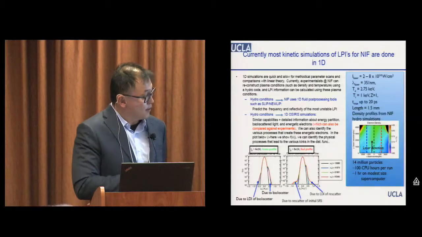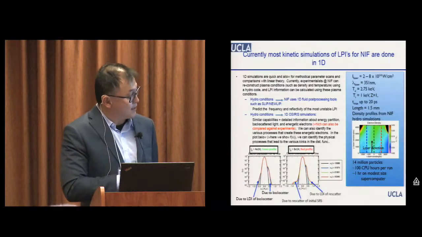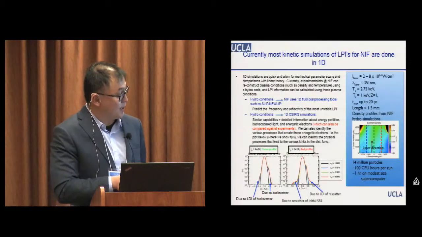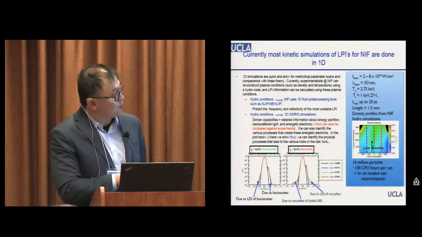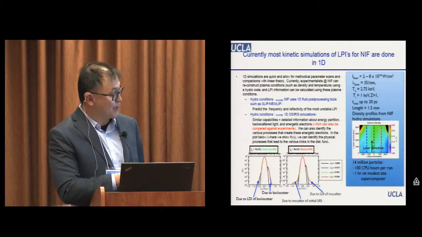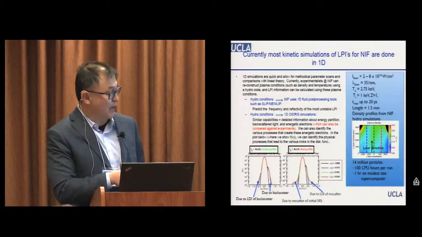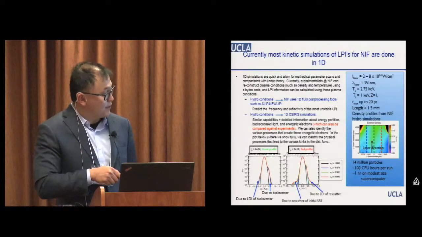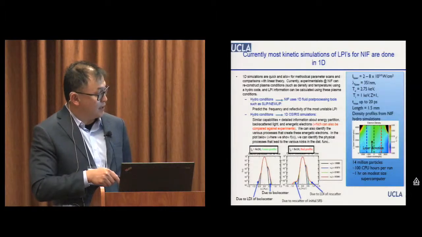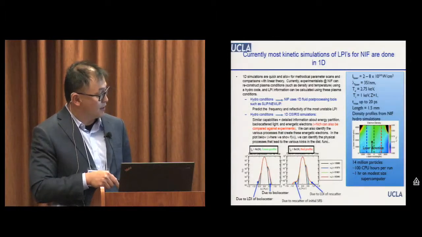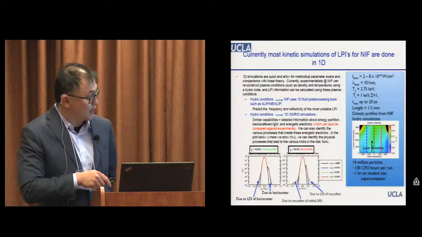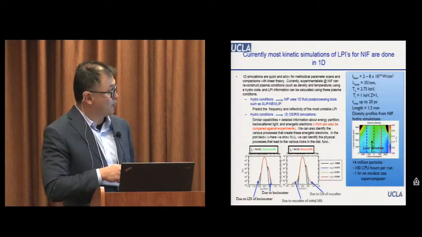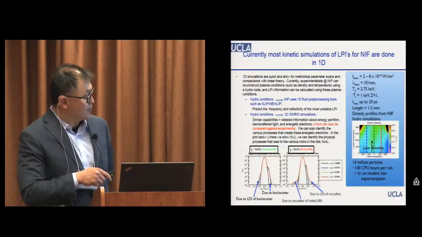Then you can take one of these outputs from the hydro simulations and use a post-processing tool that propagates the laser along one of these paths. From that, you can predict the likely frequency and also the energy of the scattered light using a post-processing tool called SLIP or NewLip.